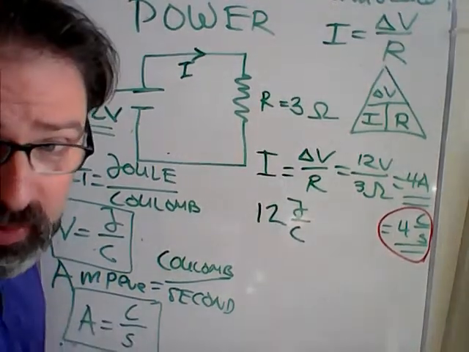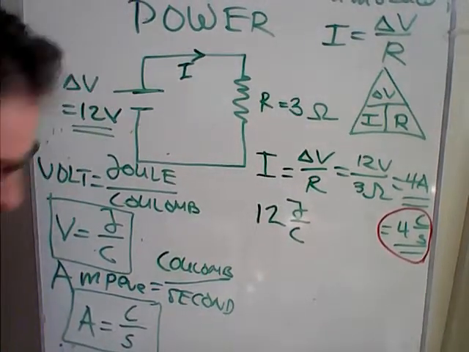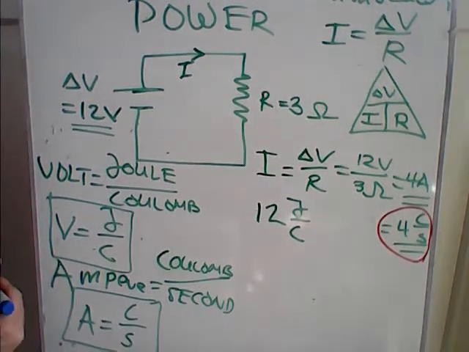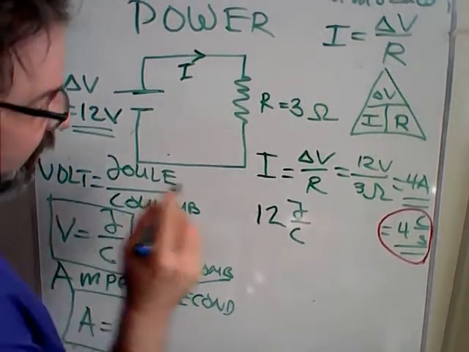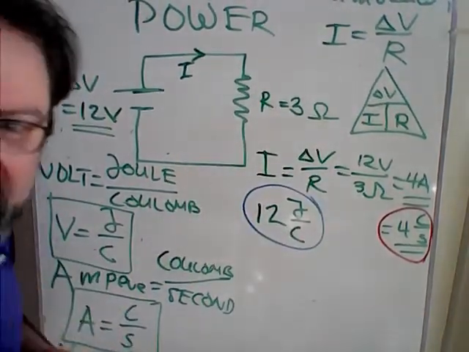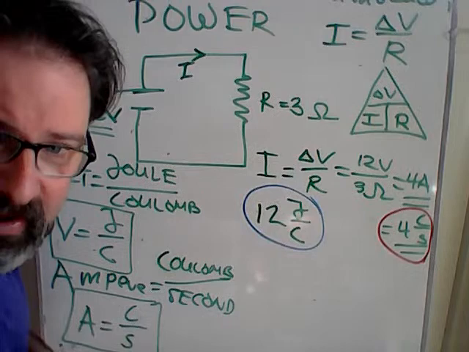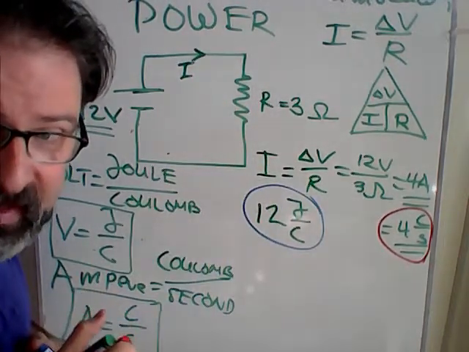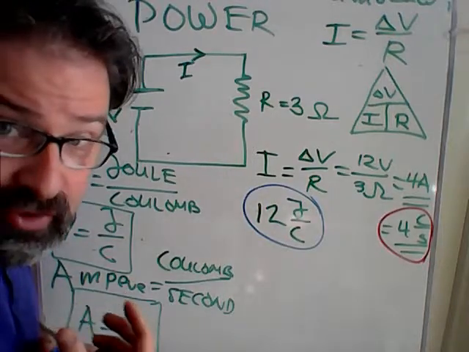We know there are 4 coulombs every second moving through our circuit, and we know that every coulomb carries 12 joules of energy. 4 coulombs per second, each coulomb carrying 12 joules.